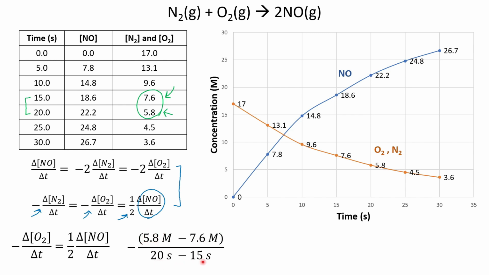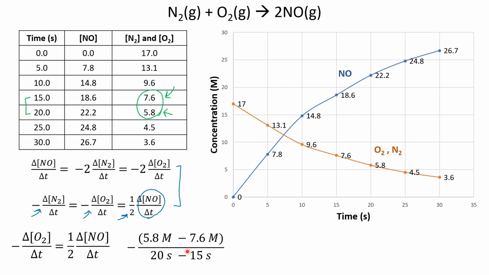The same is true down here for my time. I put my final time in first, then I put in my initial time. This is important that we get the final minus initial, again, because we are working with this negative sign in here. So make sure when you're doing rates and you're using the change, you're always going to do final minus initial. Okay, so this is the data for oxygen.